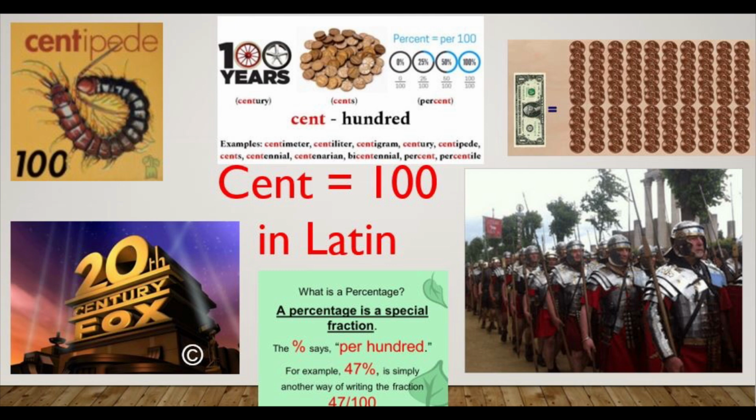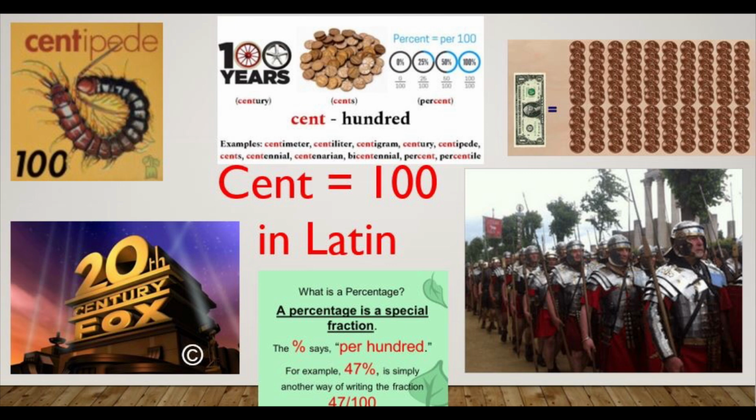We've also got cent. Now that's a word to do with money, and a cent, we have those in American money, so 100 cents in $1. We also have that with euros, so 100 cents in a euro. So we've got loads and loads of words with this root in cent.